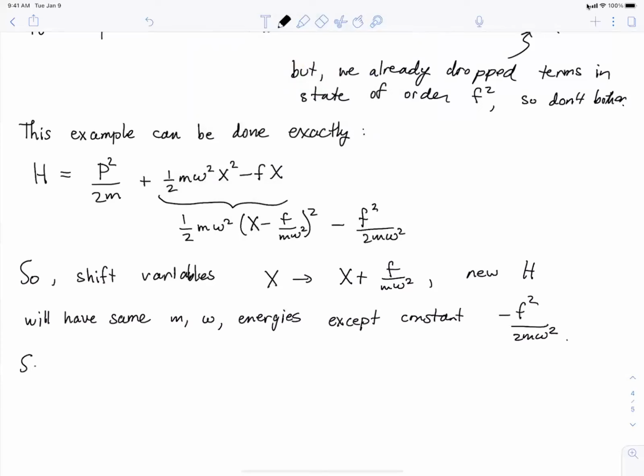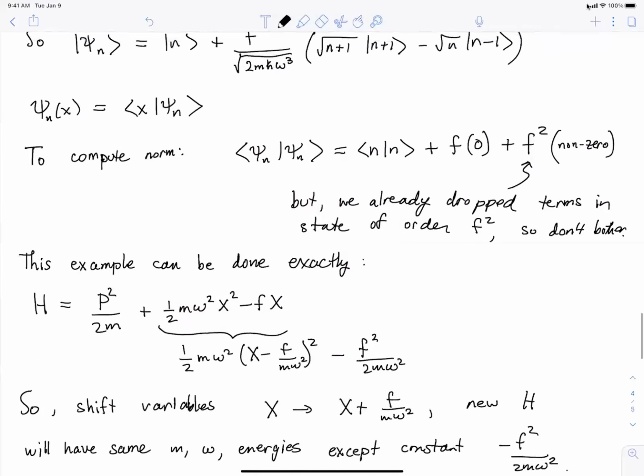Okay, and so in this example, we actually know the exact energies. They look like this. Okay, minus f squared over 2m omega squared. And that explains why when we did the calculation in perturbation theory, we got an answer that didn't depend on what state it was for the correction.